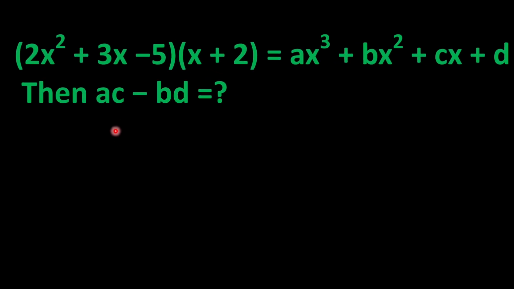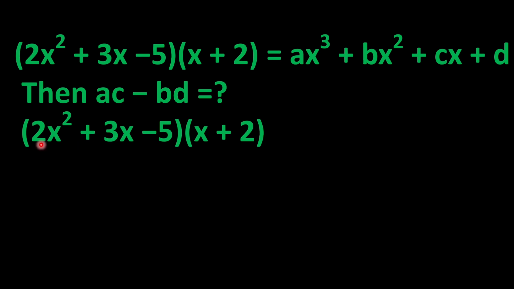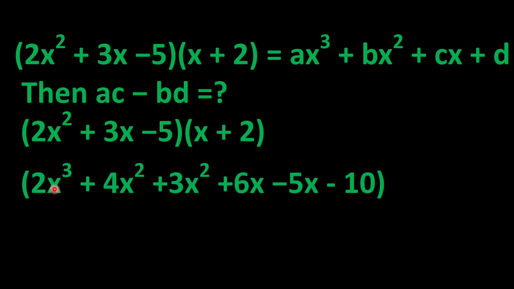So as this is our question, first of all, we will multiply these three terms with these two terms, and then we will see the result. So let's multiply. First of all, we will multiply 2x² with x, so it will become 2x³, and then 2x² with 2, so it will become 4x².